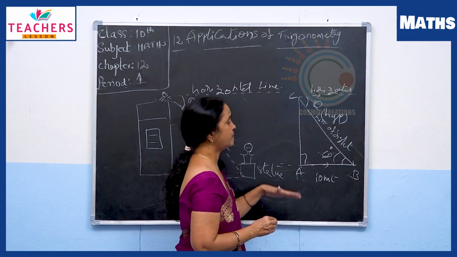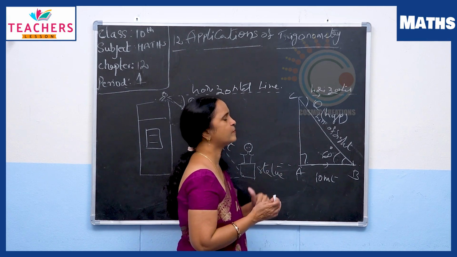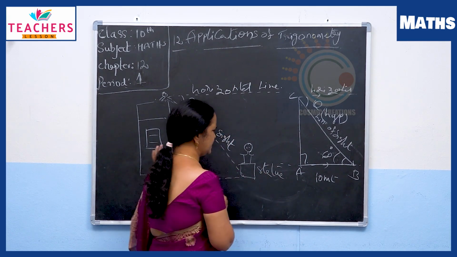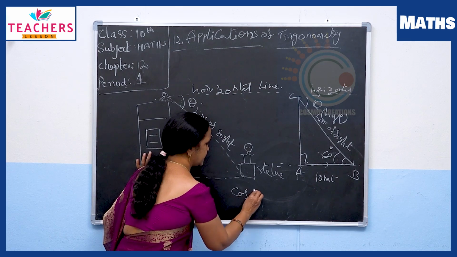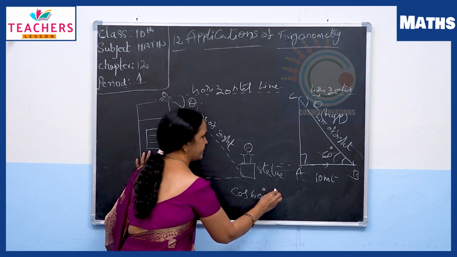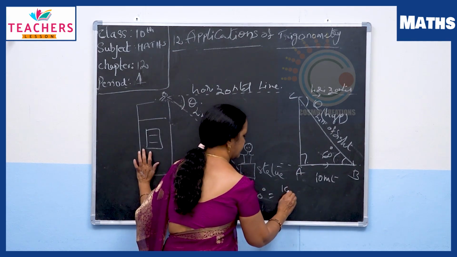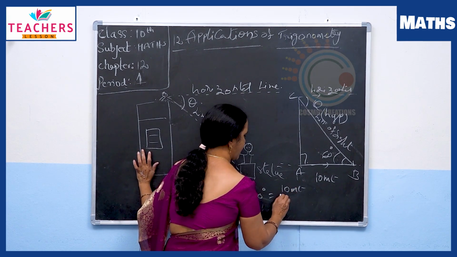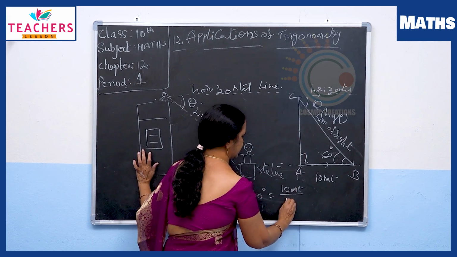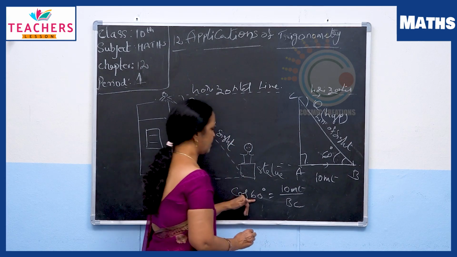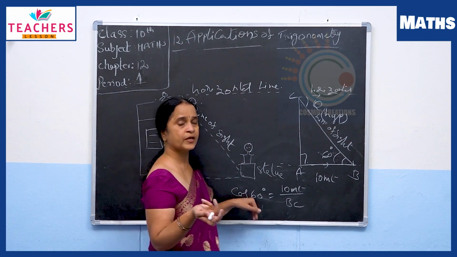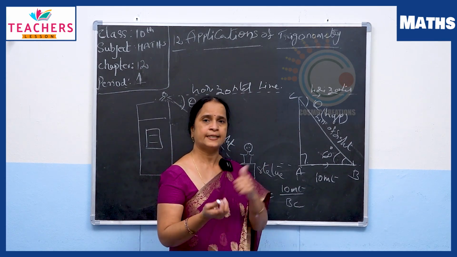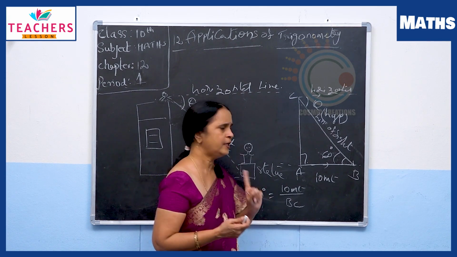What do we need to use? Cos theta. Cos 60 is equal to adjacent 10 meters by hypotenuse. We don't know BC, shall I write BC simply? What is the value of cos 60? Sin 30, cos 60, 1 by 2.